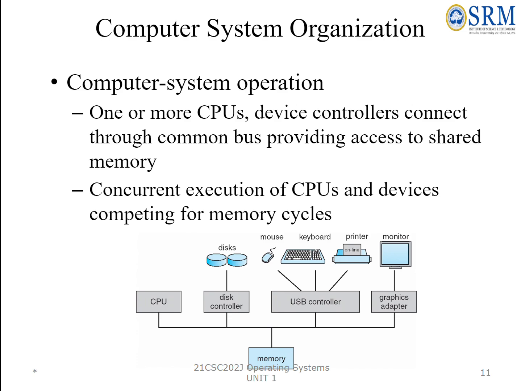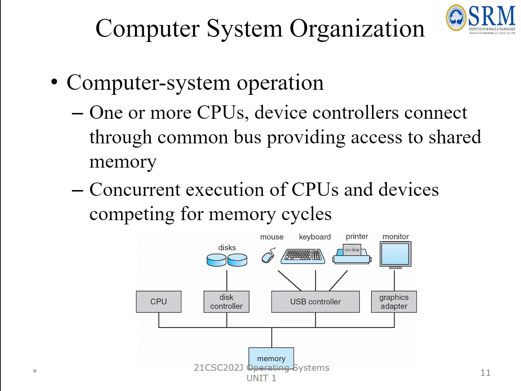So the CPU, with the help of the disk controller, that is the hard disk, is going to share the information for storing. Monitor, printer, keyboard, mouse, USB: the mouse, keyboard, and printer are connected with the USB controller with the help of some cables. The monitor, that is the graphics adapter, is there.